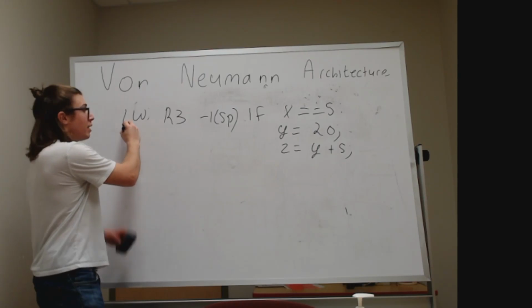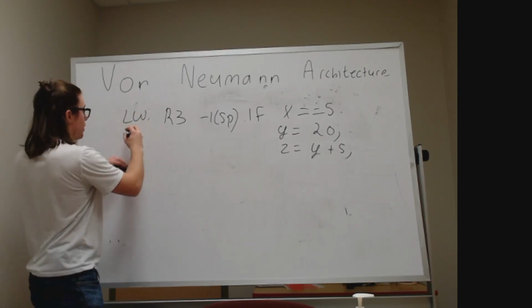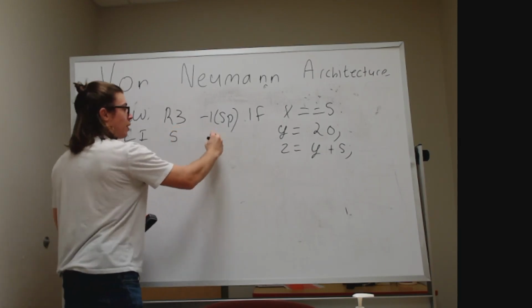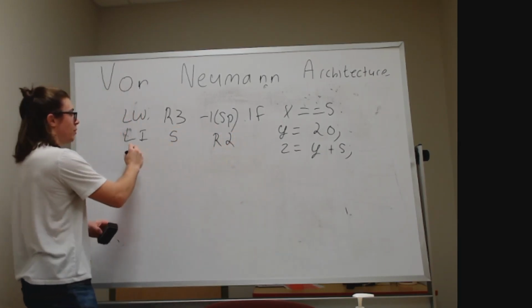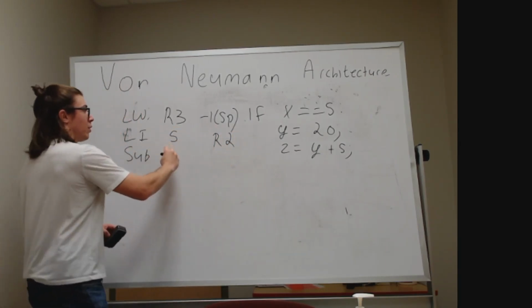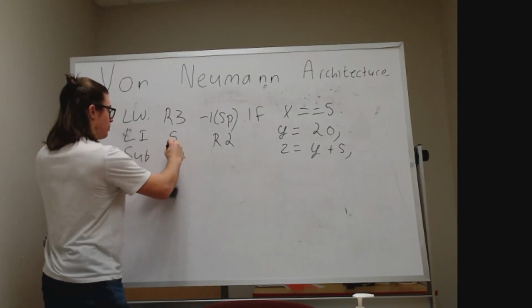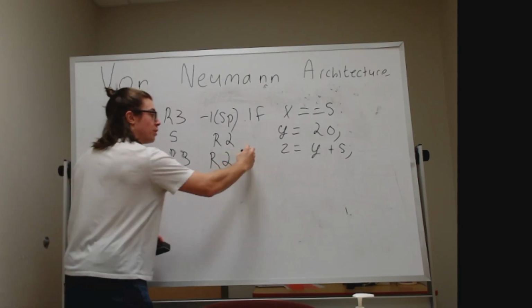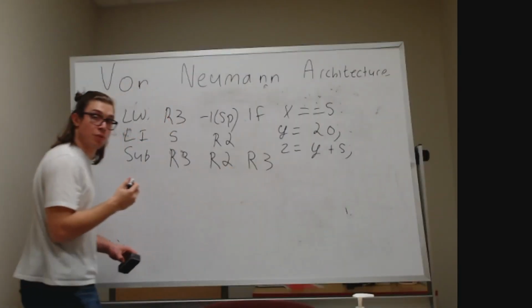Then we'll say add or load immediate 5 into register 2, and then we'll say sub register 3, subtract from it register 2, and store the result in register 3.